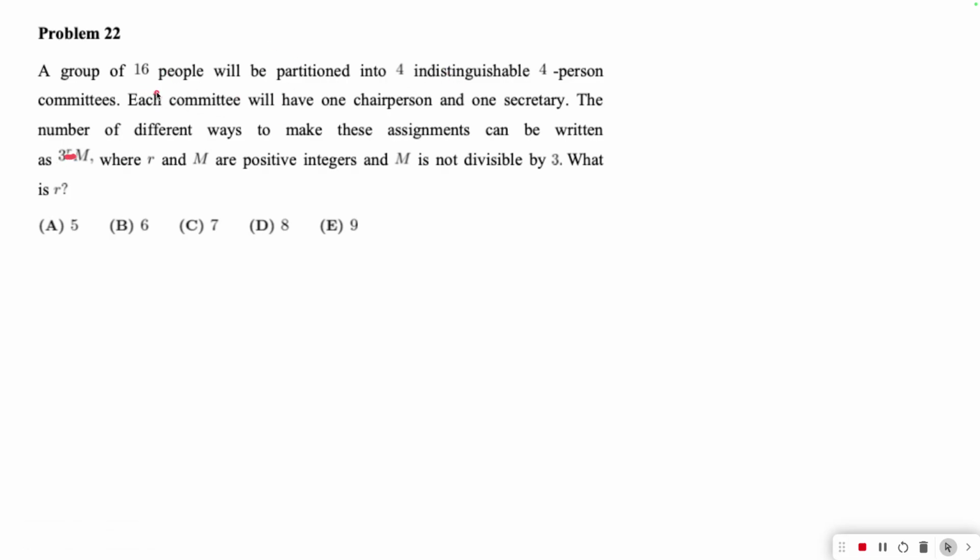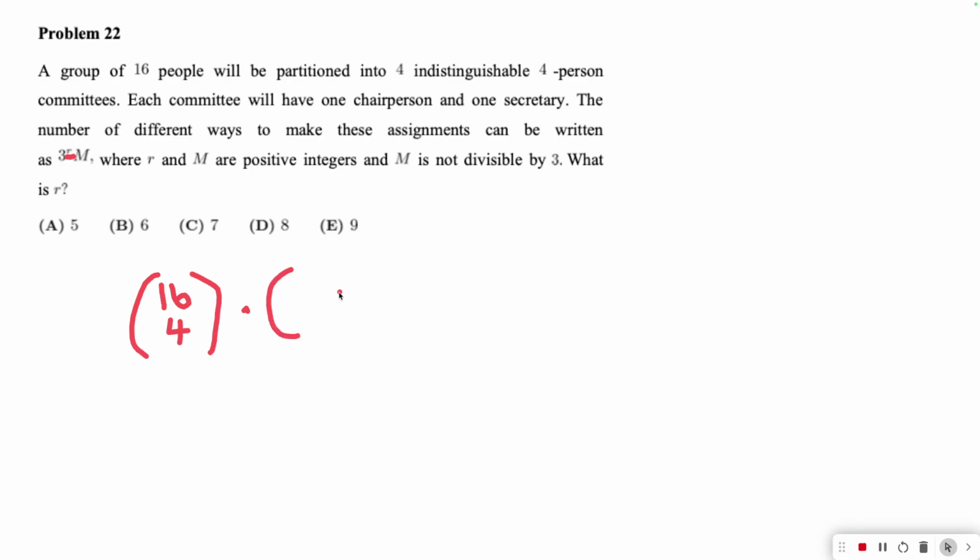So now how do we really calculate how many ways we can split 16 people into four indistinguishable four-person committees? If we take it one committee at a time, let's consider what happens. How many ways can you pick four people for the first committee? There are 16 total people, and we're choosing 4 because order doesn't matter.